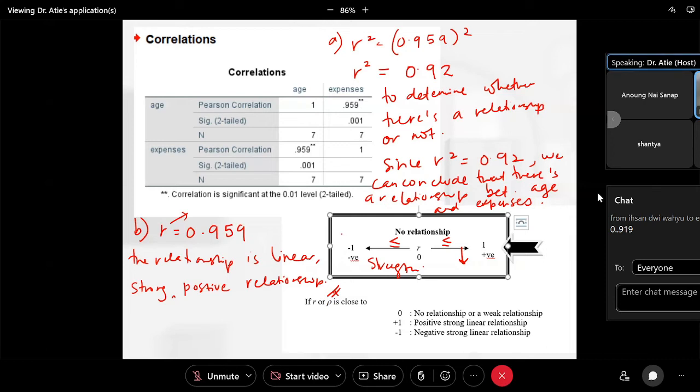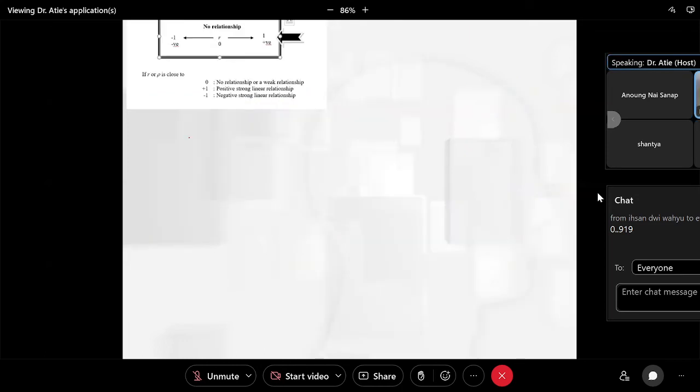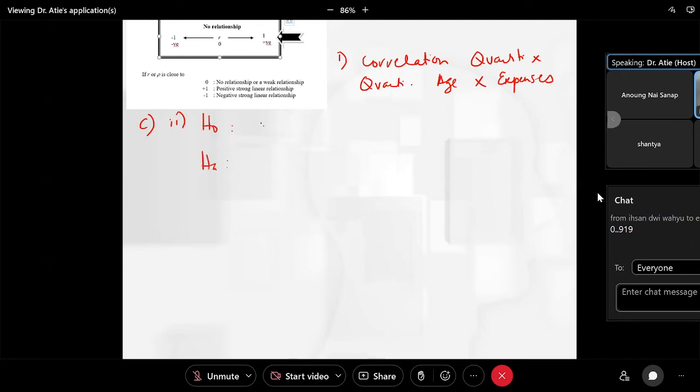And now we need to do part C. We need to do the hypothesis. Remember, we always have the 4 steps. The first step is correlation, age versus expenses. Second, we need to do the H0 and HA. The R is 0, versus R not equal to 0.